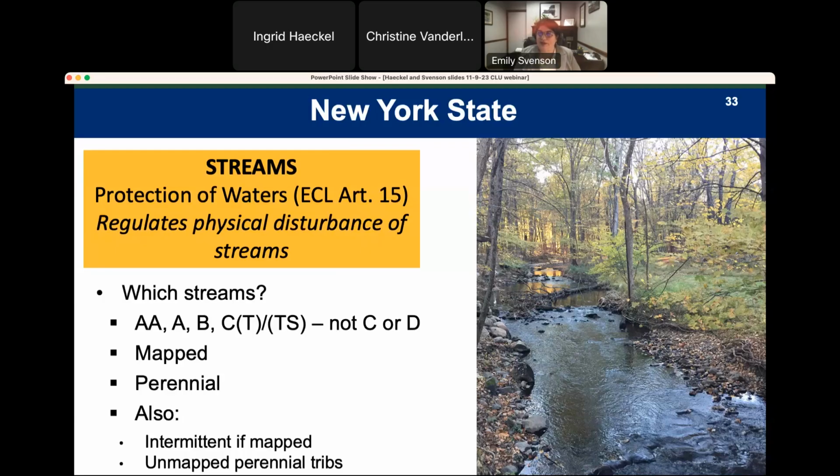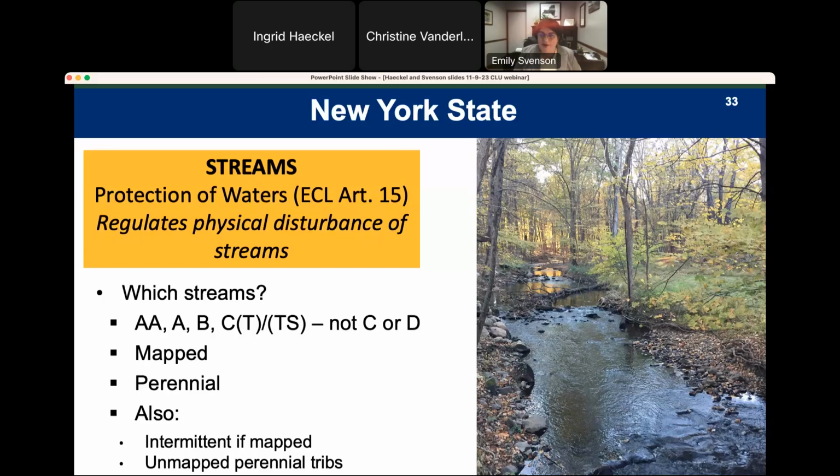Streams that are mapped and classified as AA, A, B, and some Cs, only the CT and the CTS, those are the regulated streams. The regular C that doesn't have a T with it, and the D, are not regulated under the Protection of Waters program.